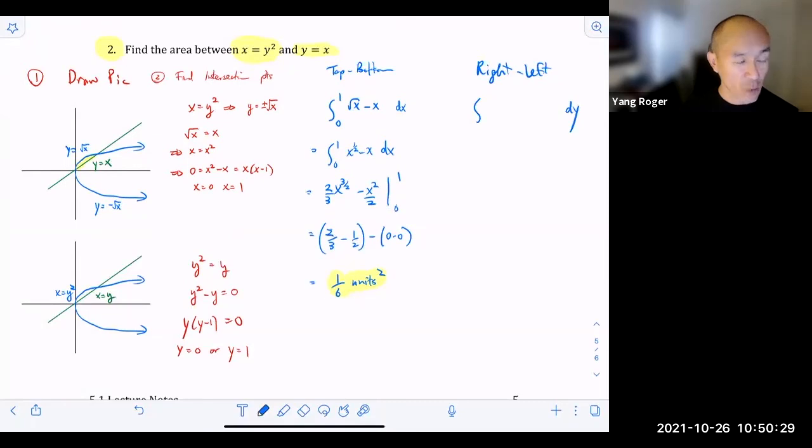The smallest my y value can be is 0, and the biggest my y value can be is 1. The bigger function's on the right, so the bigger function is y, and the smaller function's on the left, so that's going to be minus y squared. Are there any questions about that?